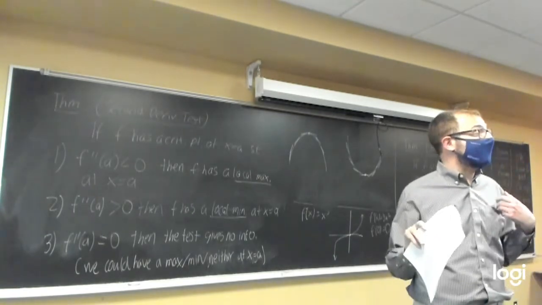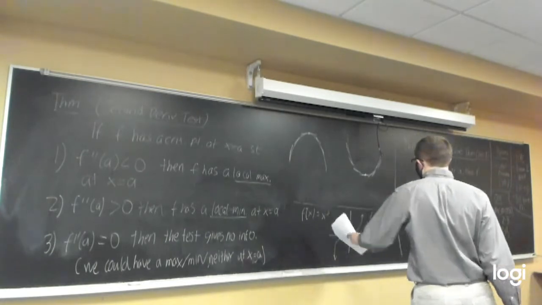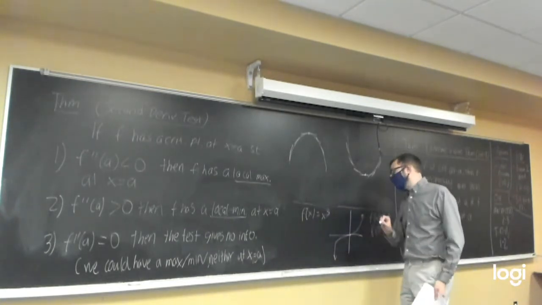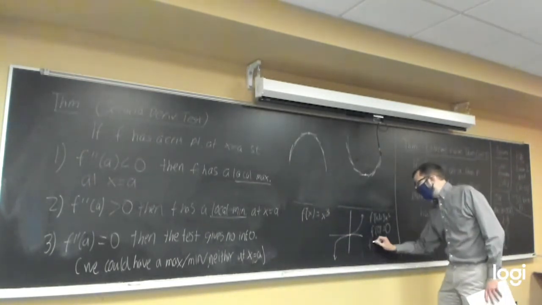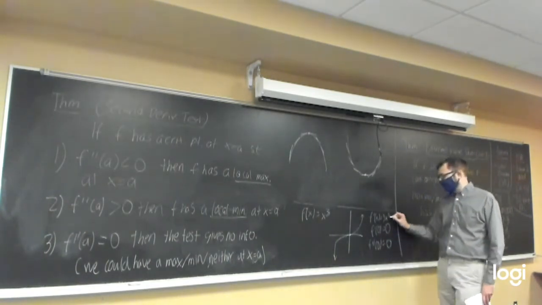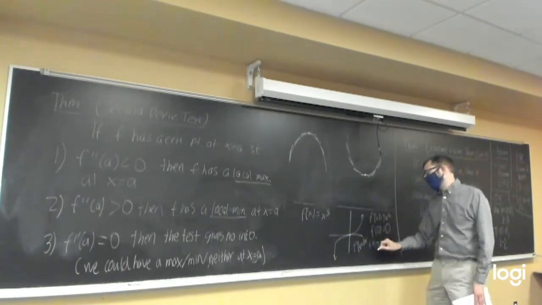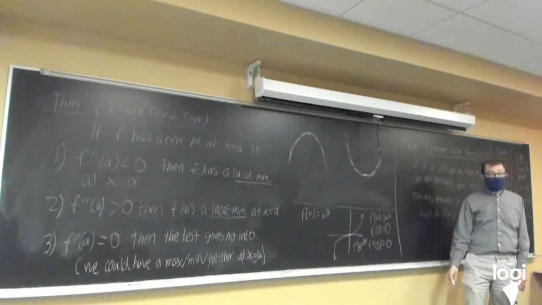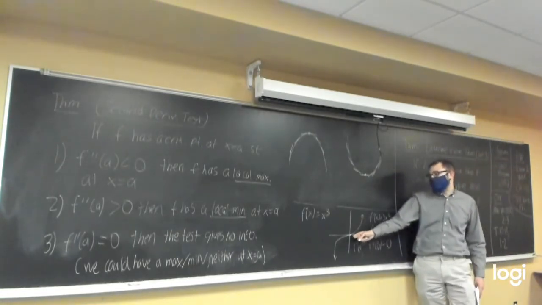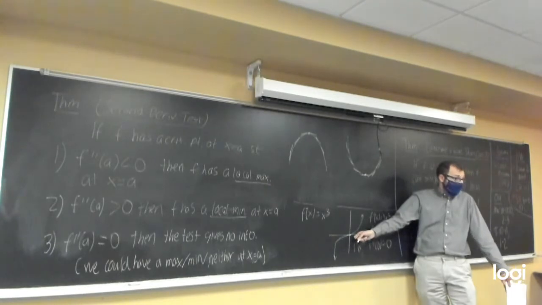Anna, you're absolutely right. We very well could have an inflection point there. But it's possible to have something like f of x equals x cubed, where f double prime is 6x, so f double prime of 0 is 0. Here's an example where f double prime is 0, and we have neither a max nor a min.